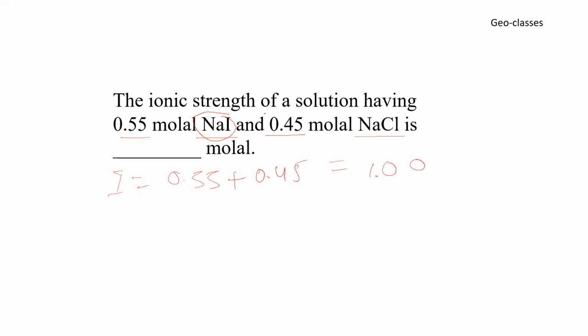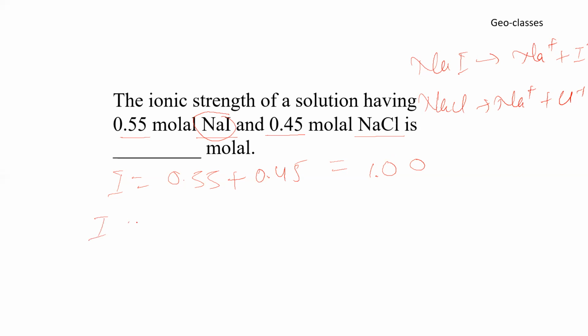Let's see how. This NaI is going to break up into Na plus and, oh sorry, I minus, that is iodine. But this will work only when there is a single valency. If there is divalency or trivalency, it will not be applicable. So for NaCl again, this is Na plus and Cl minus.